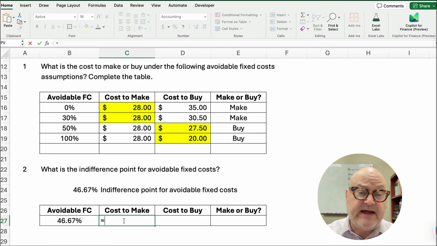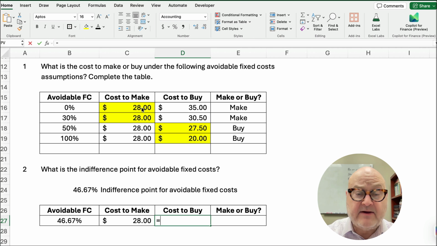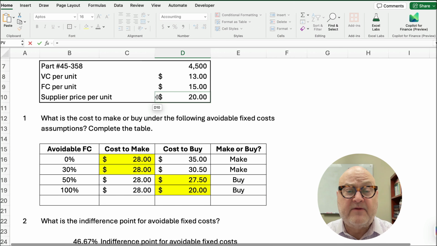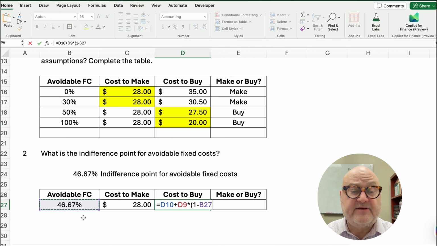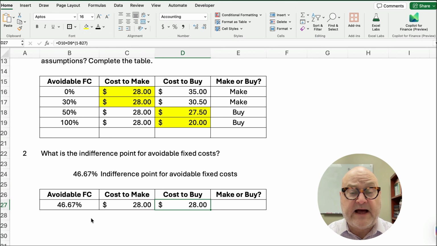The cost to make is still going to be 28, but the cost to buy is going to be the 20 plus the 15 times 1 minus the 46.67. So therefore, what we have is our cost to buy is 28.